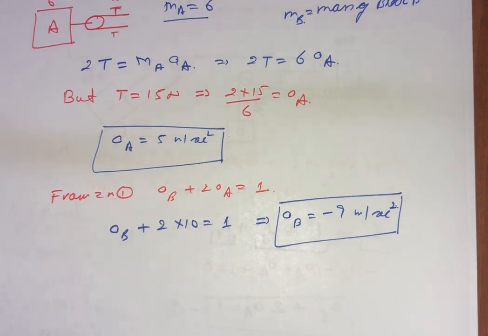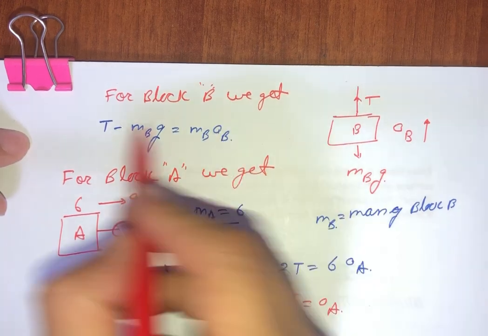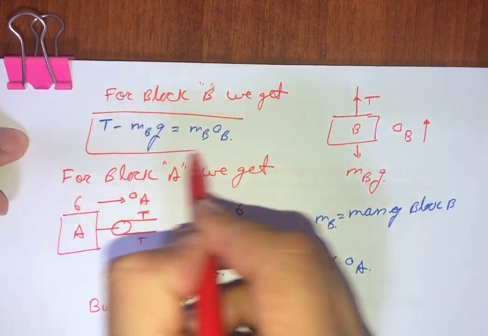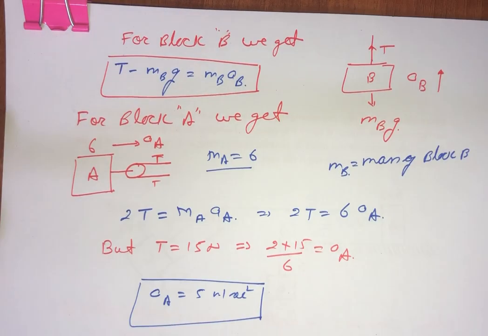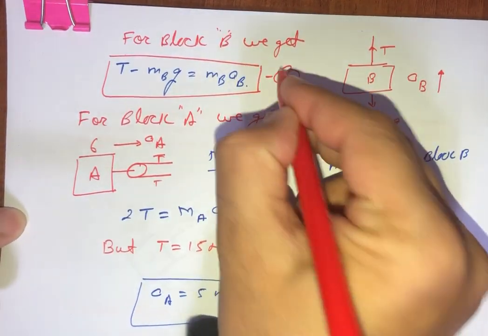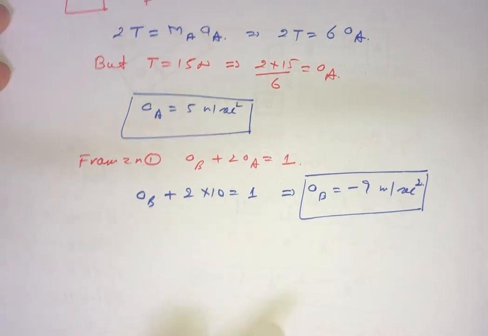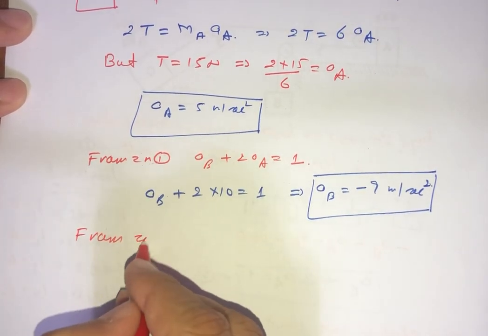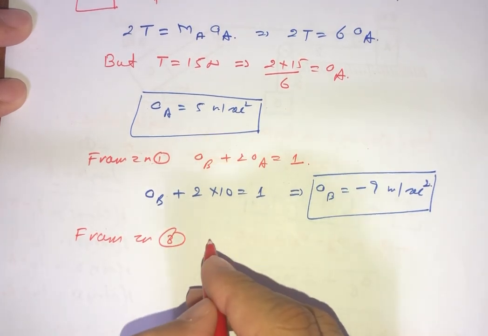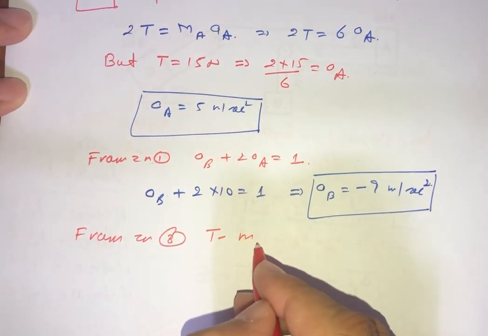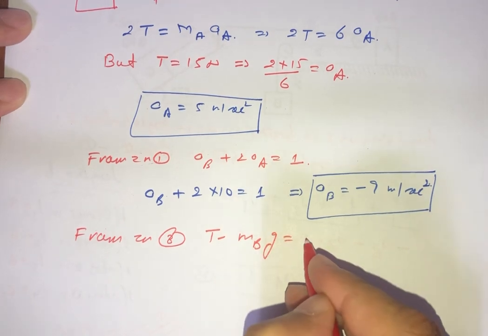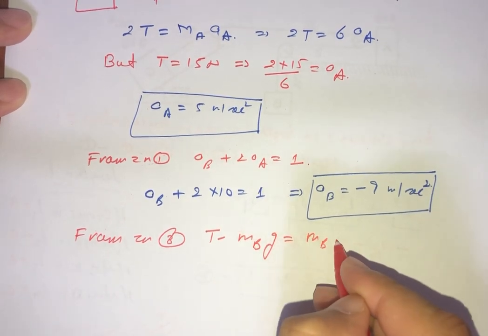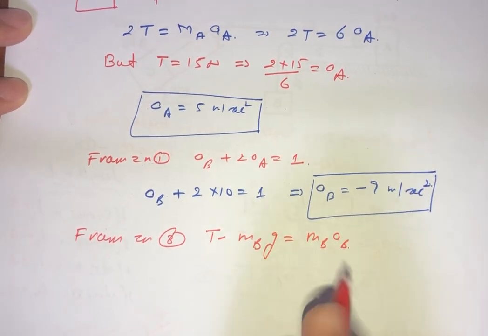Okay. Now we have to find the mass. Let us call this equation number 3. So we can say that from equation 3, T minus mBg is equal to mB aB.